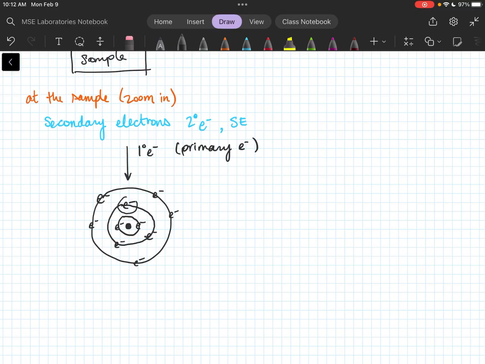And this electron right here is going to get kicked out. I'm going to change color back to my blue, because that is our secondary electron.